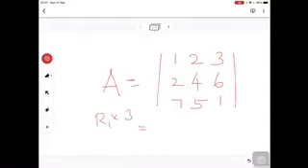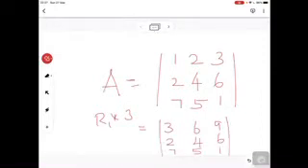If I multiply row 1 by 3, I get 1 into 3, that is 3, 2 into 3, it is 6, 3 into 3, it is 9, then 2, 4, 6, and 7, 5, 1.